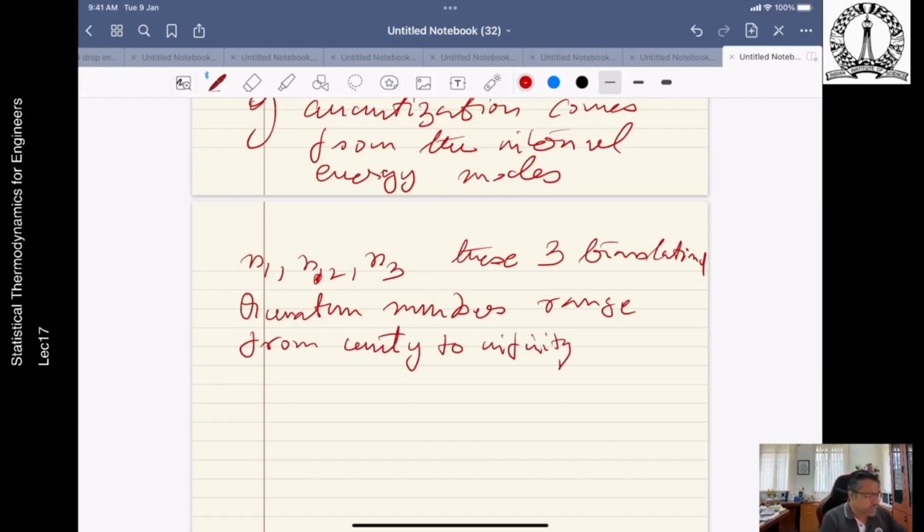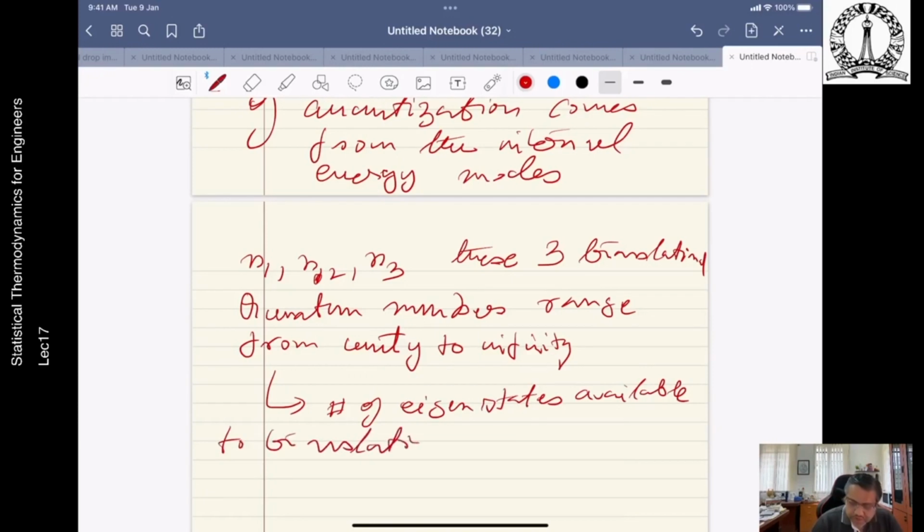Since they range from unity to infinity, the number of eigenstates available or accessible to the translational energy mode is simply overwhelming.